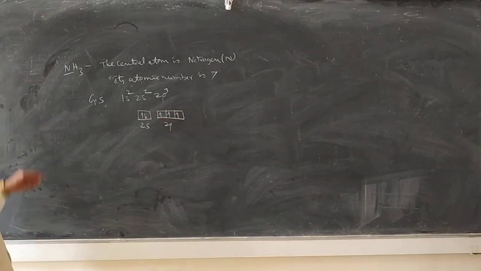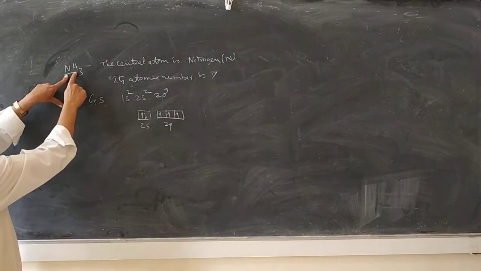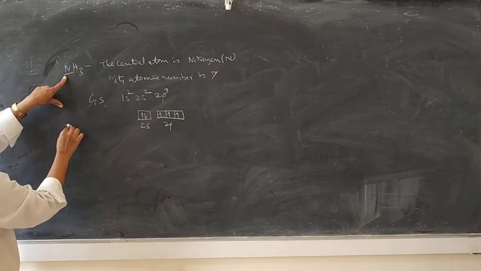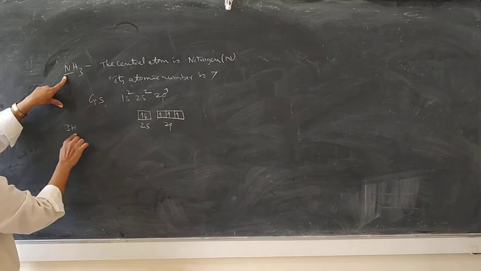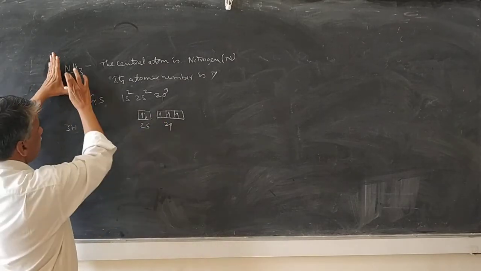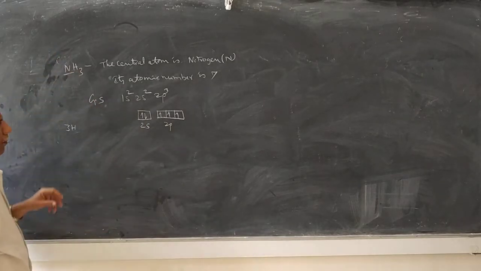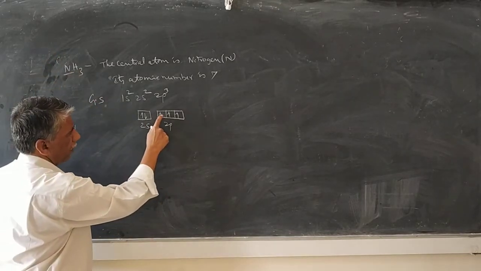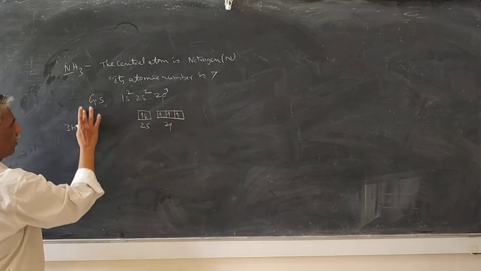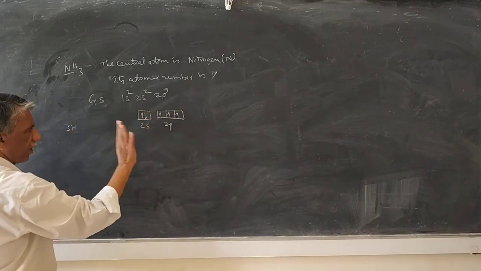Okay. See, there are 3 hydrogen atoms which are combined with the nitrogen atom. Therefore, I require only 3 unpaired electrons. Here we have 3 unpaired electrons: 1, 2, 3. Therefore, the ground state electronic configuration is sufficient.